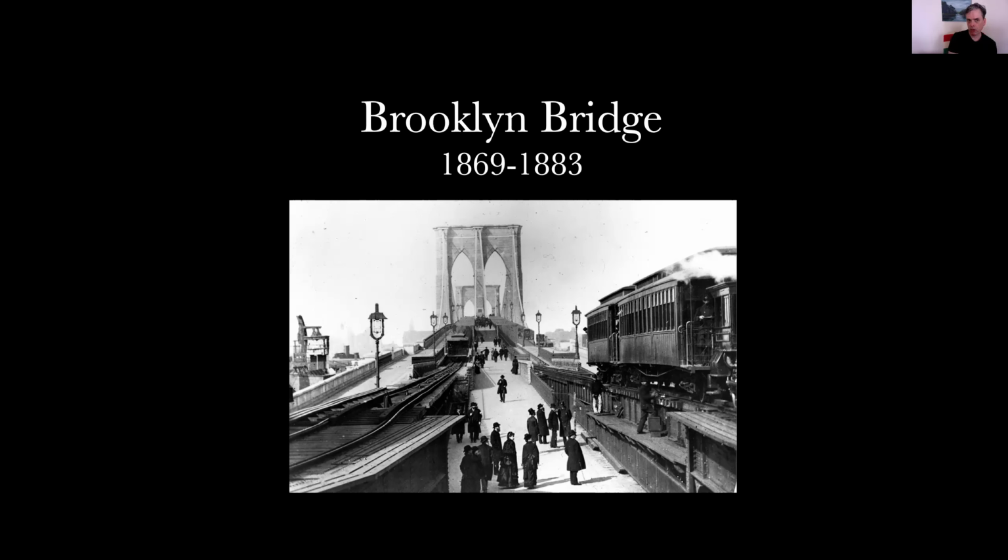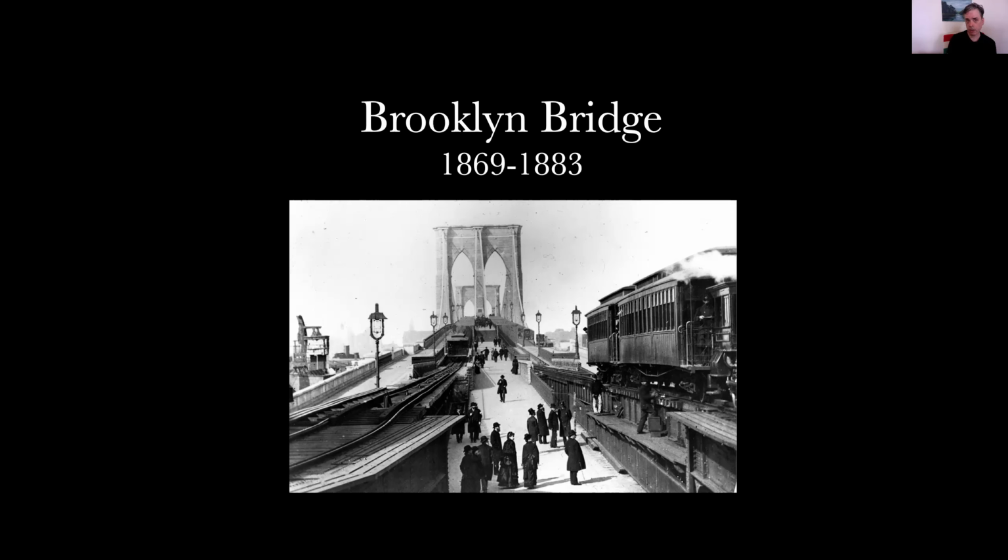But I don't want you to get the impression that there was nothing in Brooklyn before the Brooklyn Bridge. That certainly wasn't the case. So Brooklyn Heights, by the time the Brooklyn Bridge was built, was pretty much fully built, a dense neighborhood of row houses. Other neighborhoods were being developed at that point to the south.